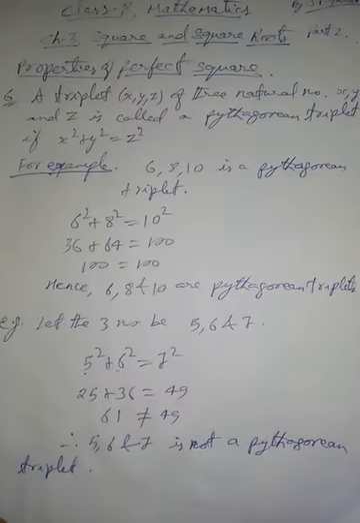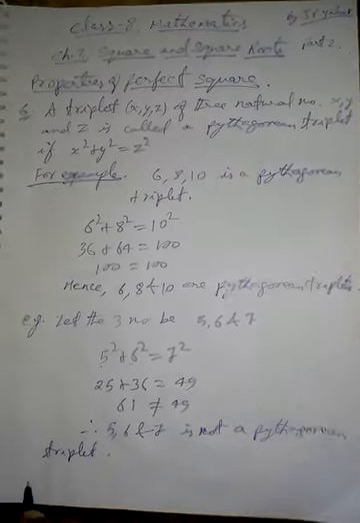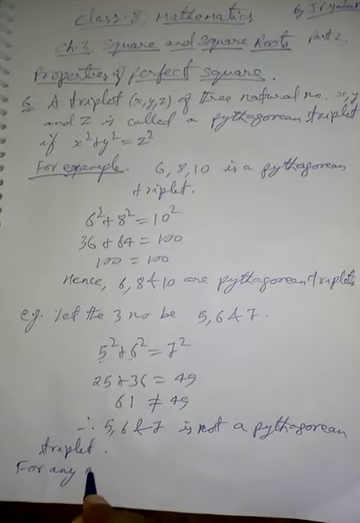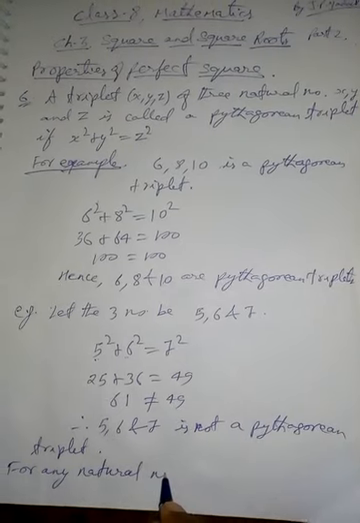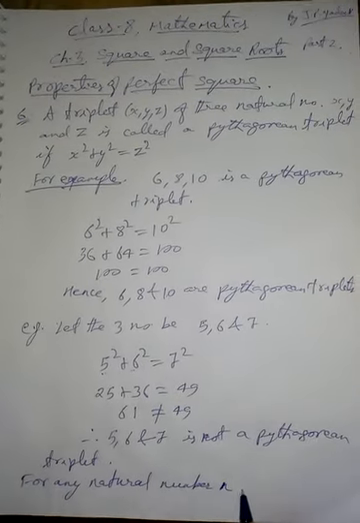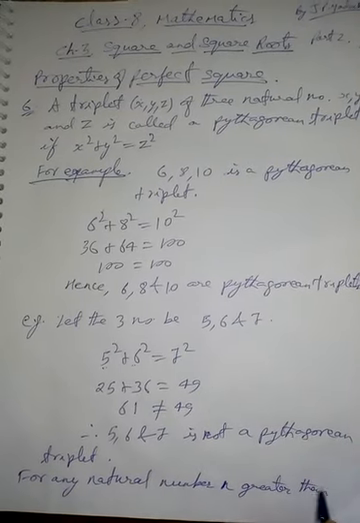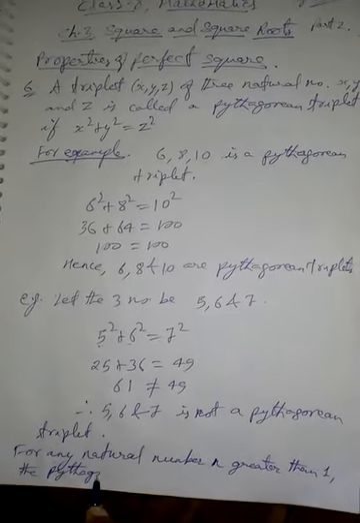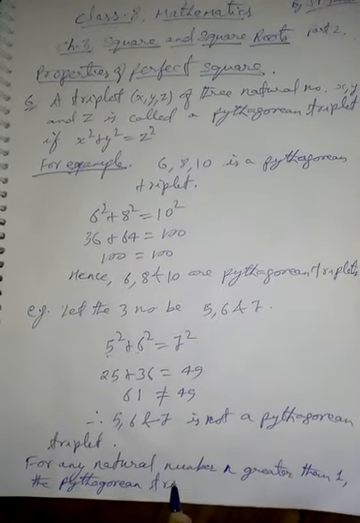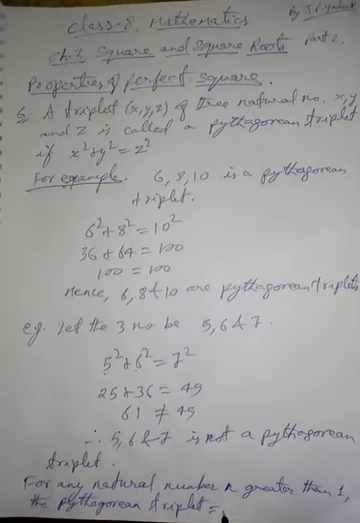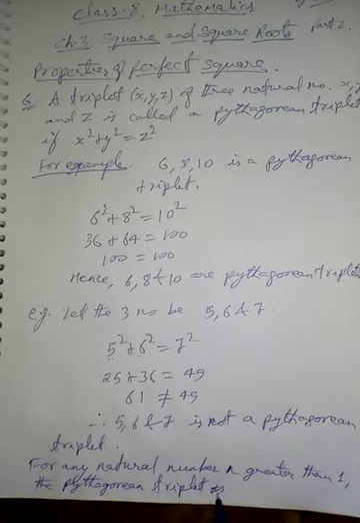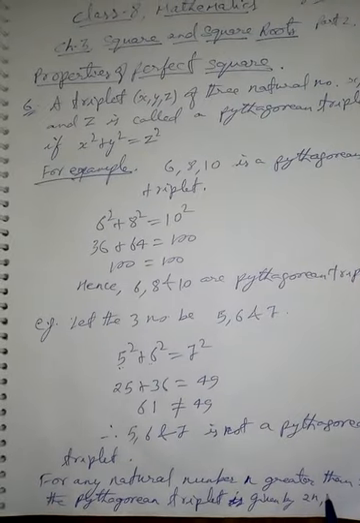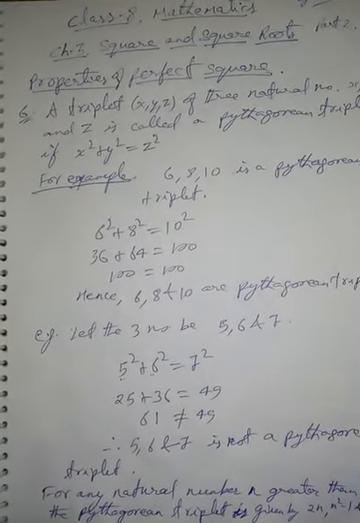For any natural number n greater than 1, the Pythagorean triplet is given by 2n, n square minus 1 and n square plus 1.